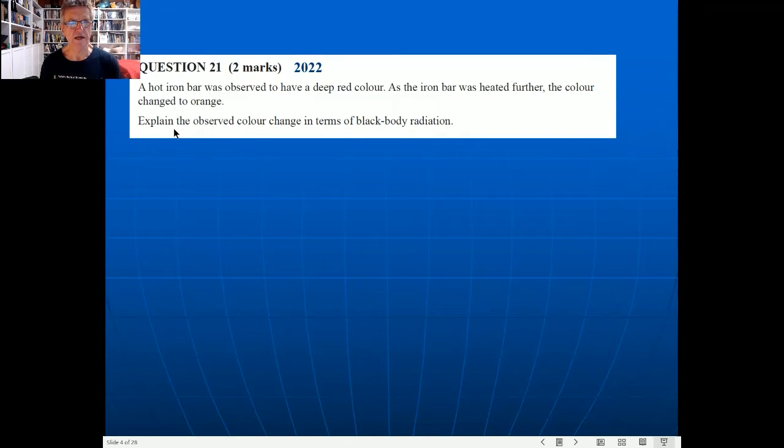So you're asked this time to explain the colour change, and you're told to do it in terms of blackbody radiation, or Wien's law, or something related to that. So you've identified it. It's a part of quantum theory. Now, it's not electromagnetic radiation from the magnetism topic, even though it's talking about the colours.